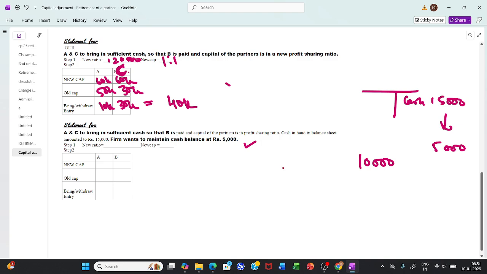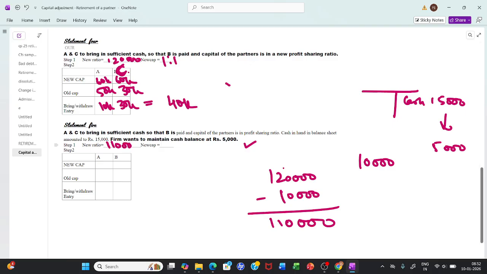We take adjusted capital as 120 only minus available cash 10. So new capital becomes 1 lakh 10,000. I repeat, take adjusted of all minus the available cash by firm, and then you will get the new capital, divide it in new ratio, compare it to old capital.